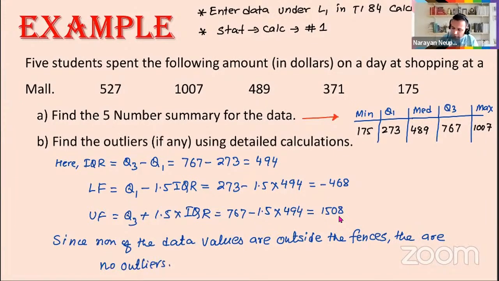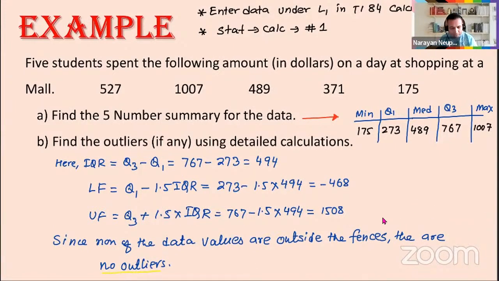So that's how we can find the outliers for the given data set. In this one, there are no outliers. If you see any value below the lower boundary or above the upper boundary, in that case, we have an outlier, but in this one, we don't have outliers.